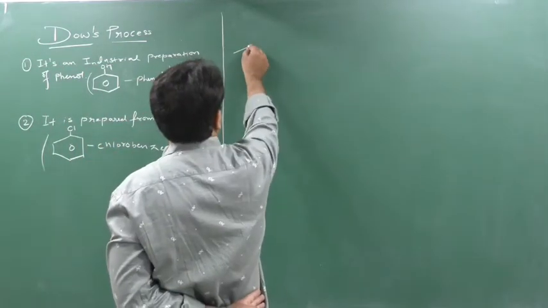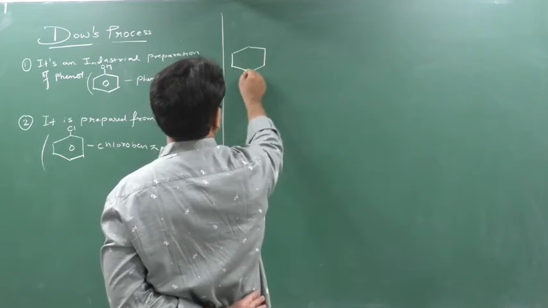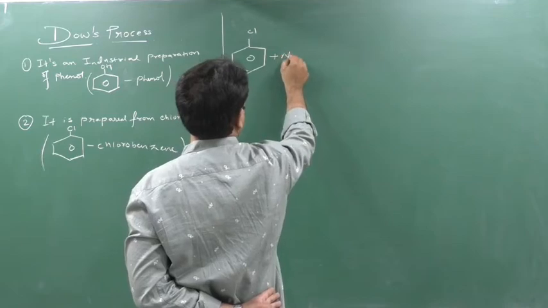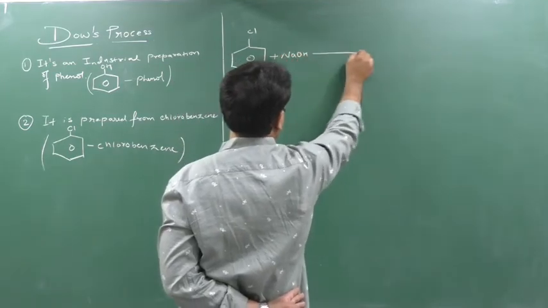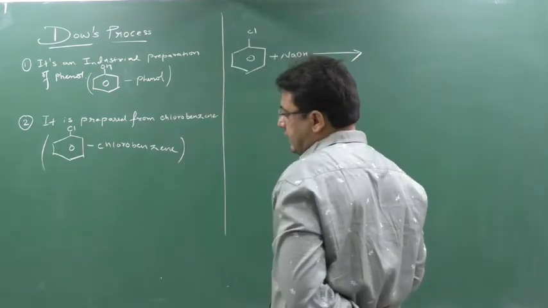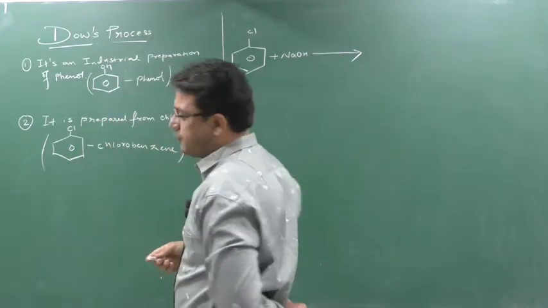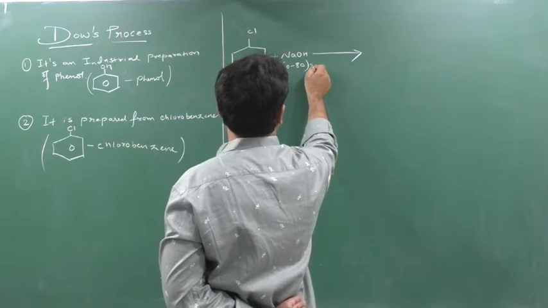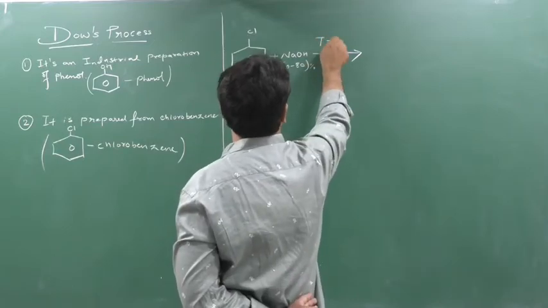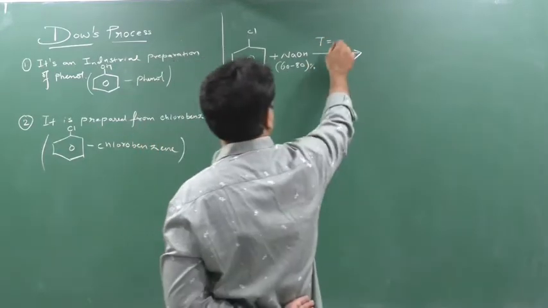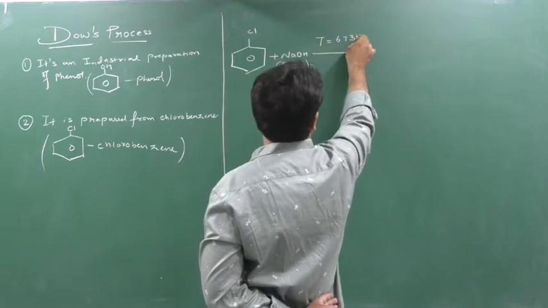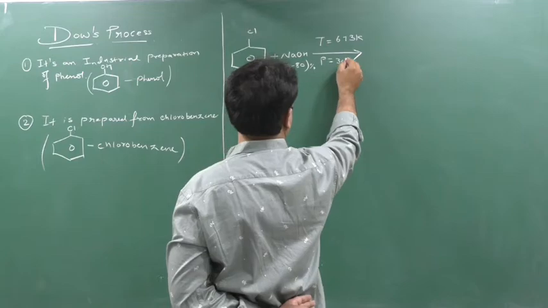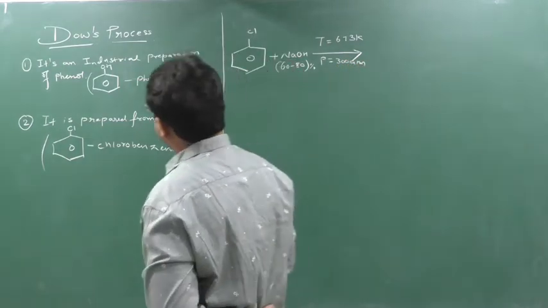First take the chlorobenzene and react it with NaOH, here about 60 to 80% NaOH. The temperature condition is very crucial here: nearly 673 Kelvin, and the pressure you can maintain is 300 atm.